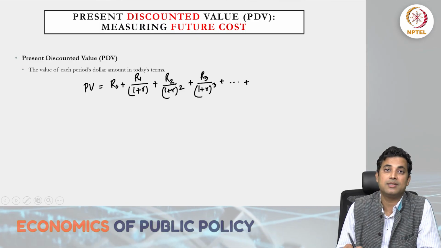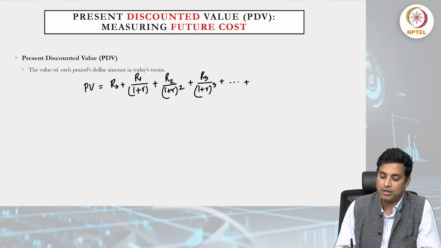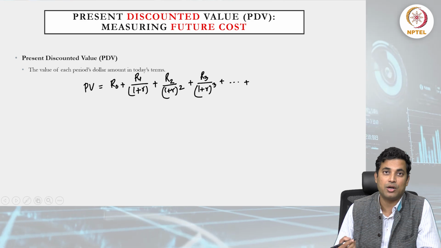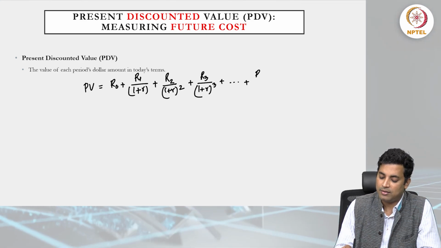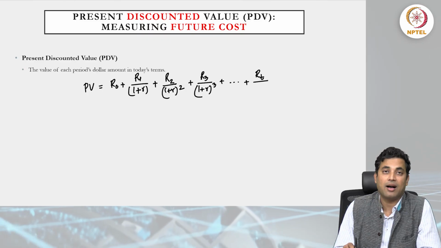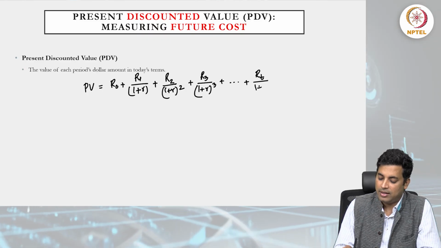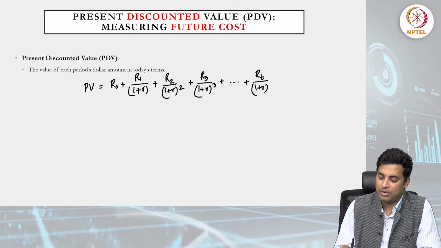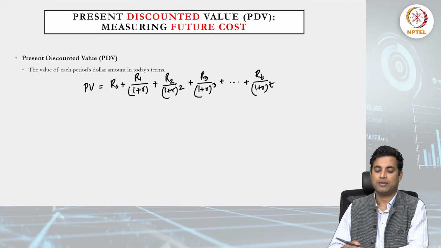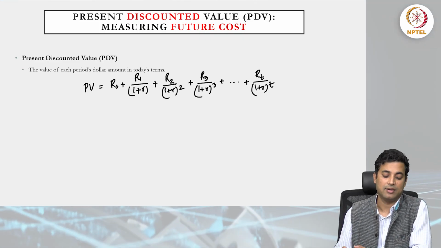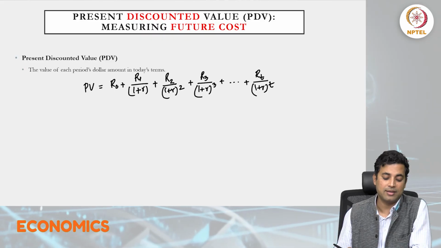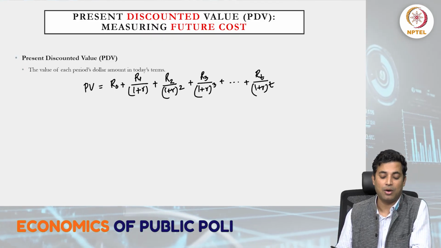Likewise, if T is the time that you keep that $1000 or rupees, then certainly you will get the return RT divided by 1 plus R to the power T. So this is the present discounted value, and this is how we calculate it.